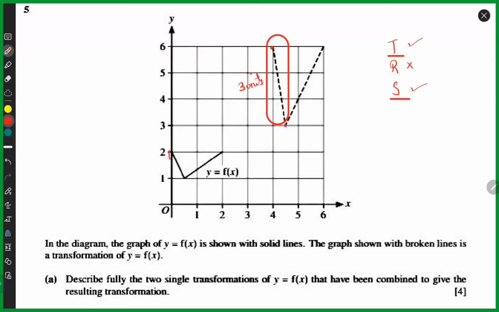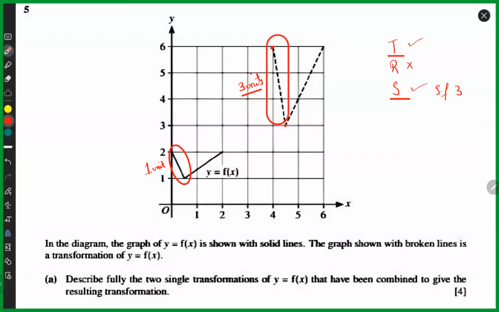And if I talk about this part, it's only on 1 unit. So it has stretched vertically, and it was 1 unit initially, and now it is 3 units. So the stretch factor is 3. And is it vertical stretch or horizontal stretch? It's certainly a vertical stretch.